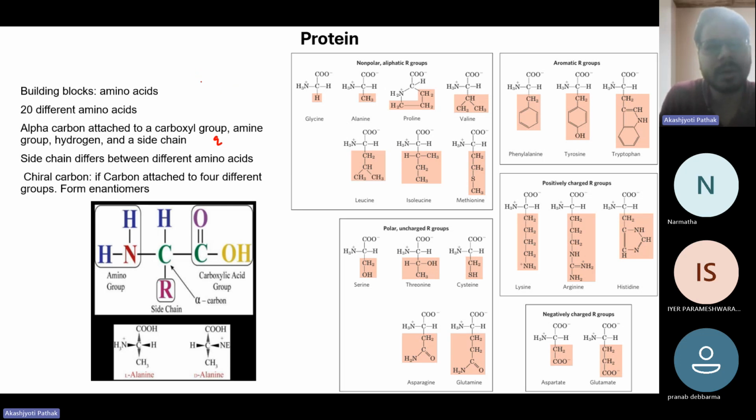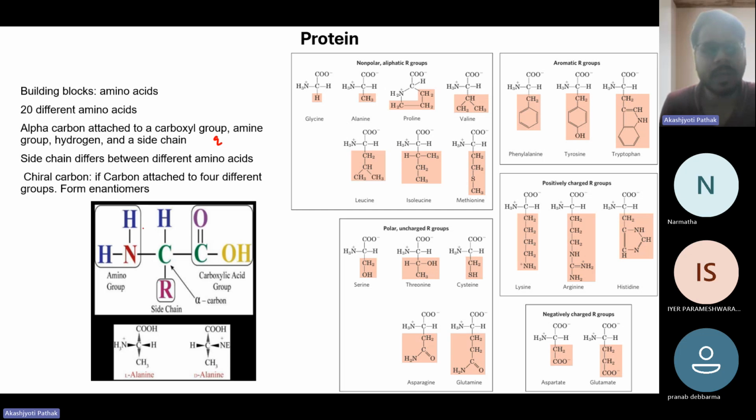If you look at an amino acid, it has a central carbon called the alpha carbon, and this alpha carbon is attached to four different groups.